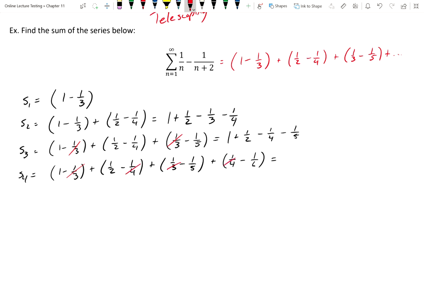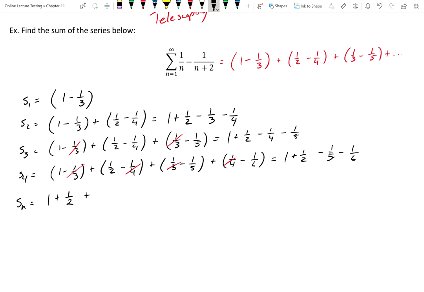The fourths cancel each other out, leaving us with 1 plus 1/2 minus 1/5 minus 1/6.